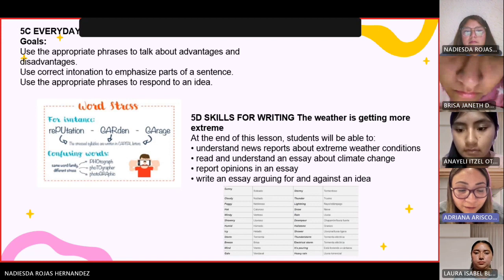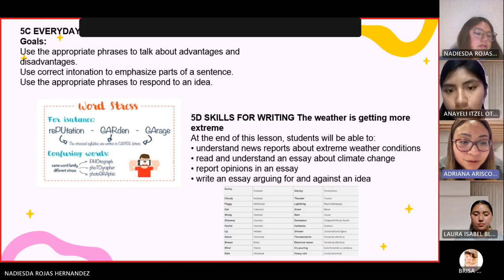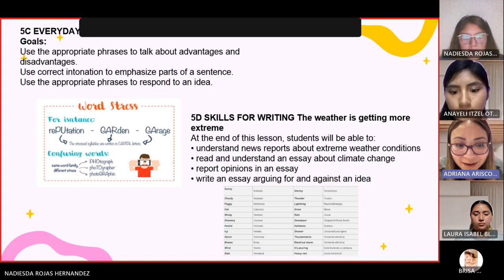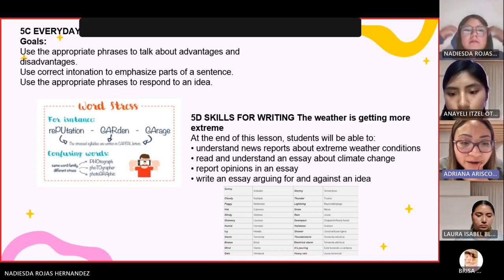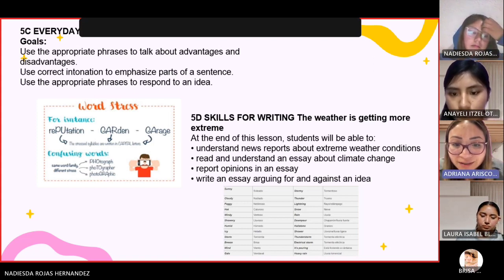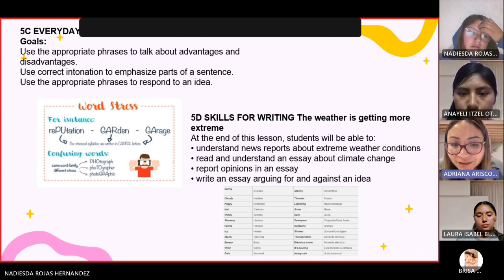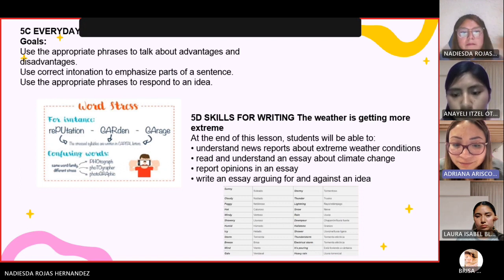At the end of the lesson, students will be able to use the appropriate phrases to talk about advantages and disadvantages, use correct intonation in parts of a sentence, and use the appropriate phrases to respond to an idea. Word stress for instance, reputation, garden, garage.